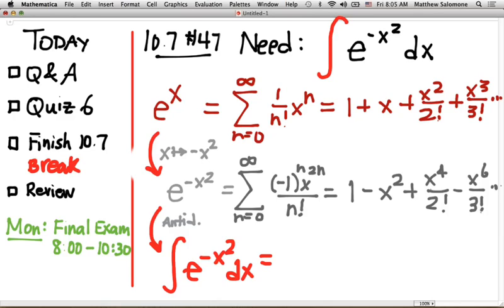And then the negative x squared to the n ends up being, well, just the x squared becomes x to the 2n. Right, exactly. So we can do this by the book, if you like, just by substituting into our original series negative x squared in place of x.